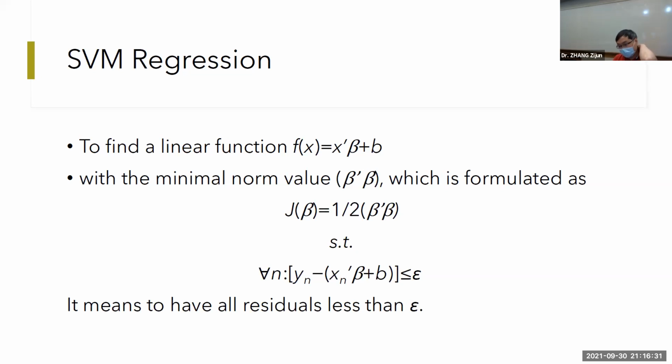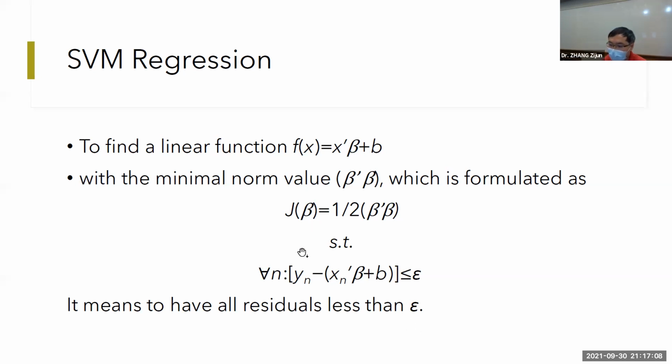So SVM regression has a similar idea, but the concept is replaced. In classification, we use a decision boundary and use +1 and -1 to define the decision boundary. Here, we use an error term to train the SVM regressor so that the residual between the estimated Y and the observed Y is guaranteed to be less than or equal to this epsilon.